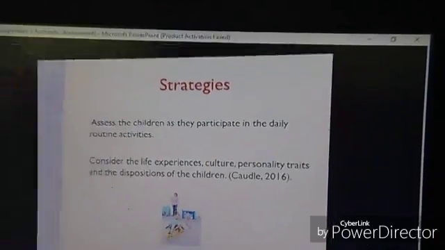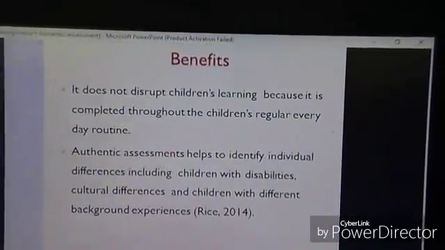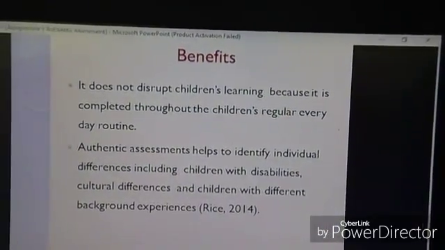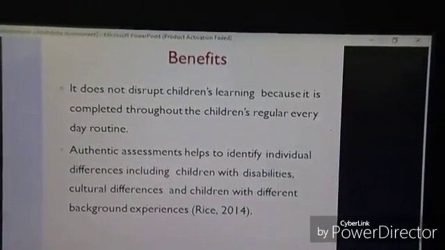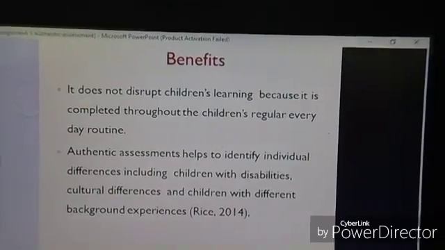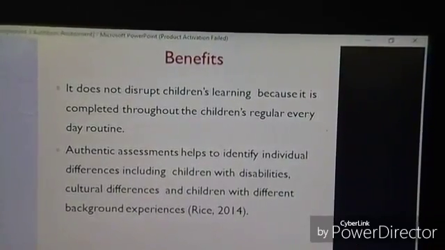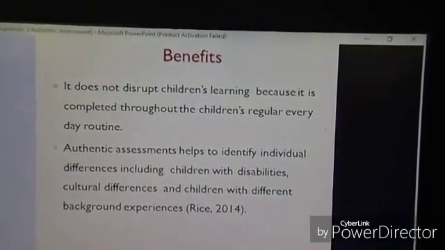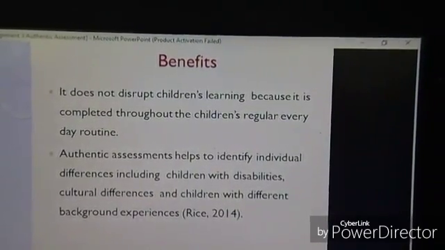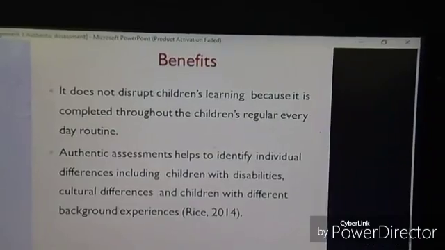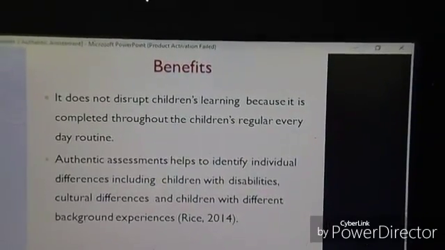We'll now look at the benefits. The benefits from authentic assessment: it does not disrupt the children's learning in any way, because it is completed throughout the child's regular daily routine.